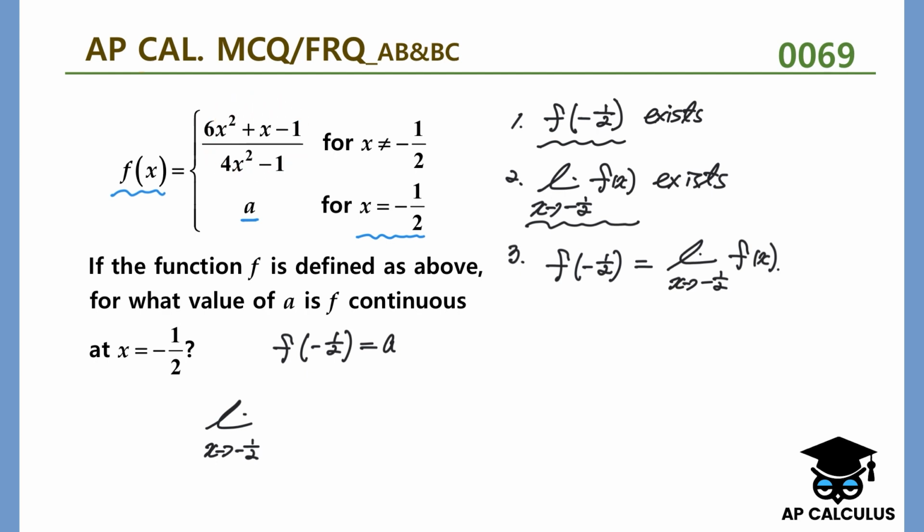So limit as x approaches -1/2, when x is not equal to -1/2, f of x is this expression right here, right? So we're gonna write that function f of x, 6x squared plus x minus 1 over 4x squared minus 1. So this one is equal to limit as x approaches -1/2. Here, let's factor this.